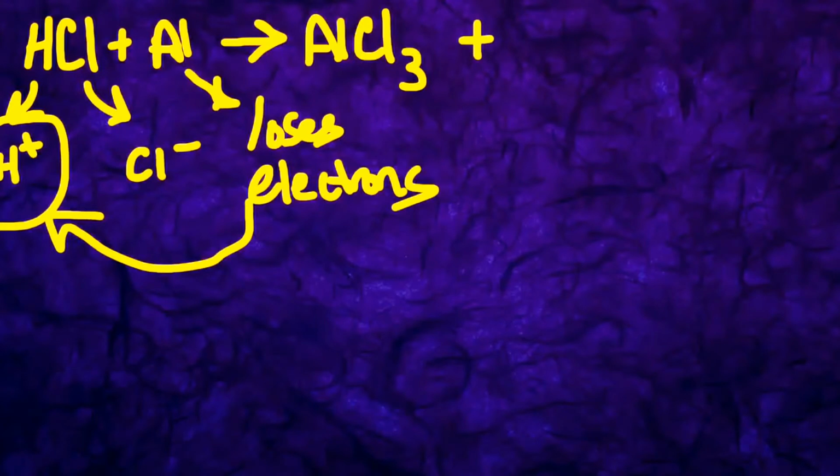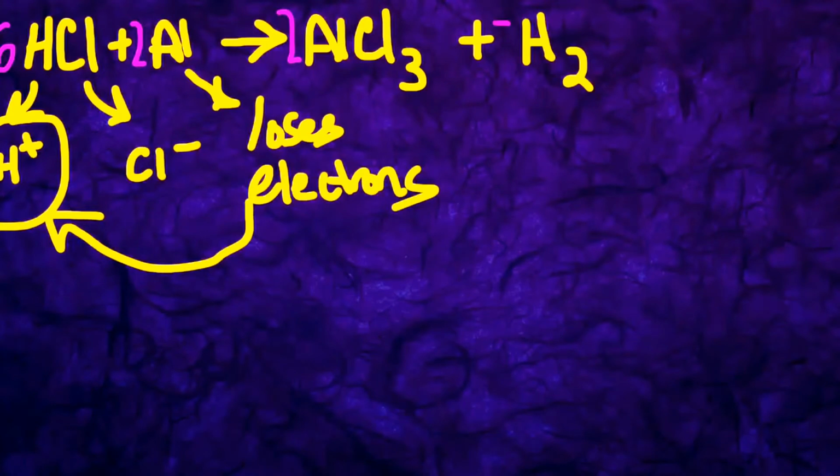And it will also produce hydrogen gas. Then we need to balance what we're doing here. We will get 6 hydrogen chlorides and 2 aluminums to give us 2 AlCl3 and 3 H2s. And here is your hydrogen gas.